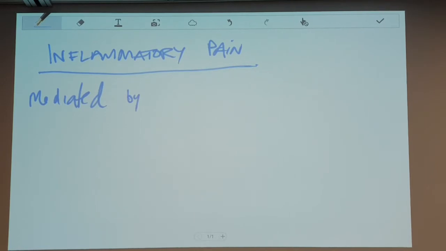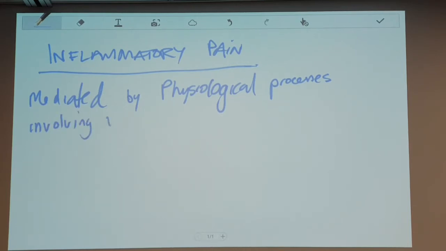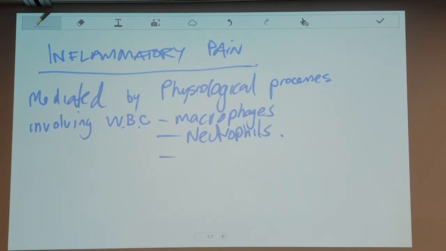It's primarily mediated by physiological processes involving white blood cells, such as macrophages, neutrophils, lymphocytes.